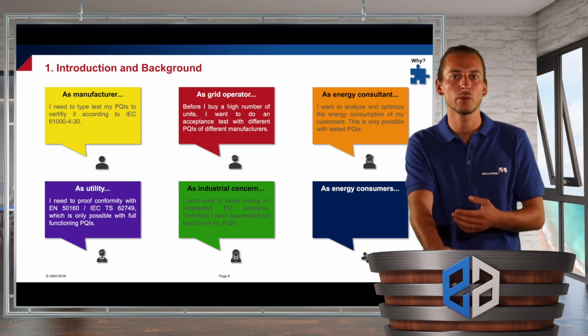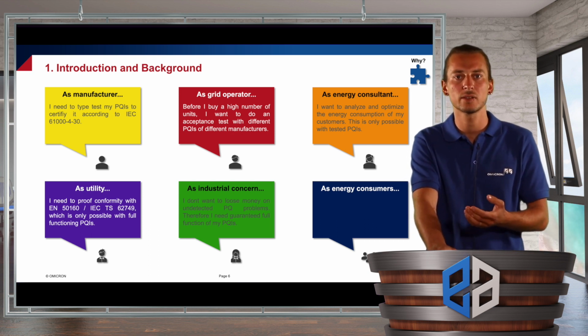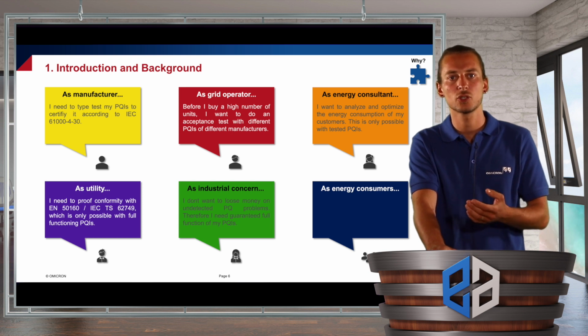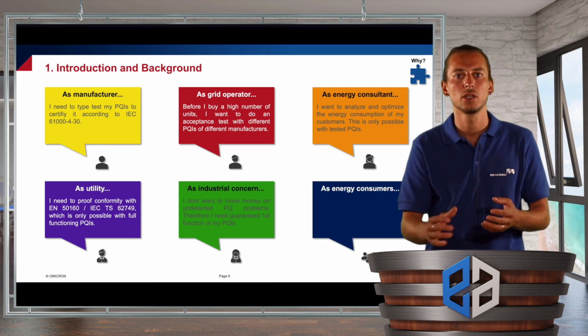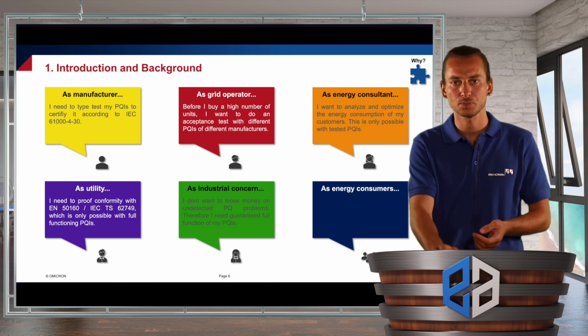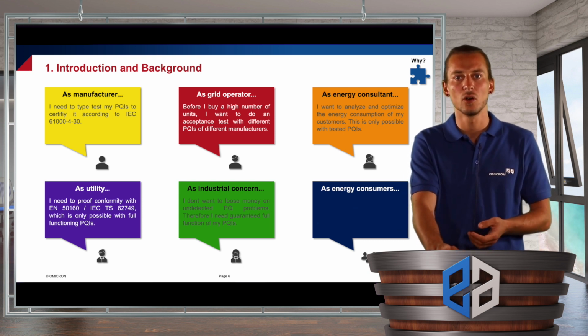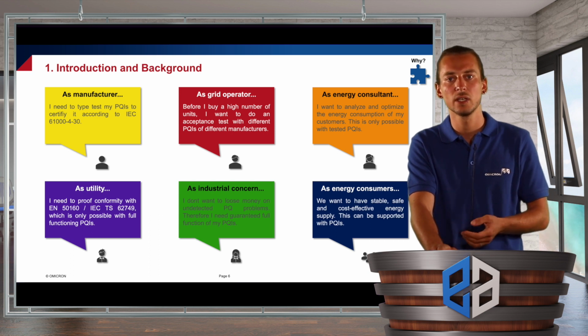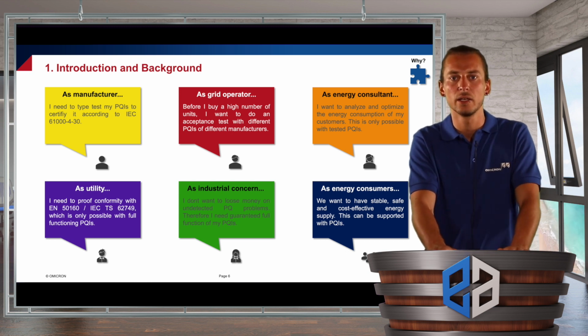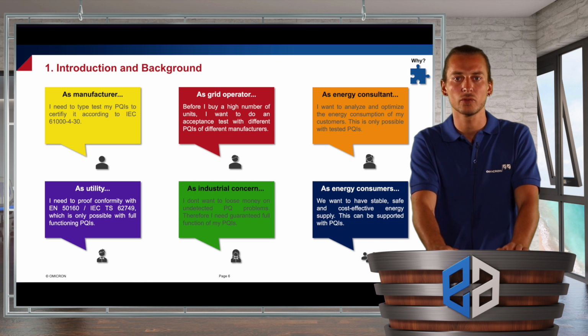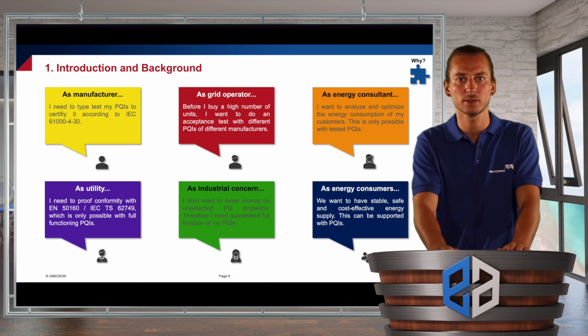And first of all, they will do some kind of an acceptance test to be sure that they choose the right power quality instrument from the right manufacturer which meets all of their needs. Last but not least, of course, there are the energy consumers. They want to have a stable, a safe, and of course, cost-effective energy supply. And this can also be supported with tested power quality instruments.